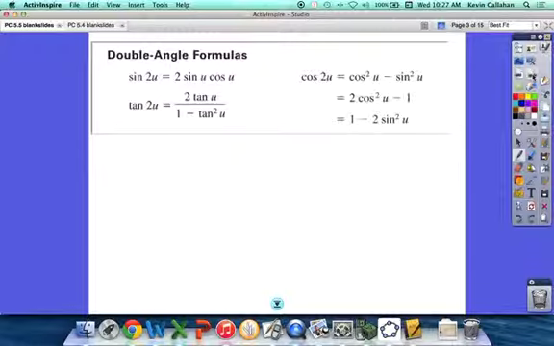Like if I use the sum formula, remember the sum formula looks like this. Sine of u plus v equals sine u cosine v minus cosine u sine v. Okay, but we don't have u and v. We actually have u plus u. Right? 2u means this is the sine of u plus u.